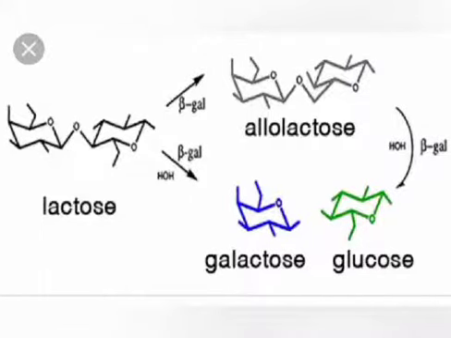Lactose is converted to allolactose by beta-galactosidase in an alternative reaction to the hydrolytic one.